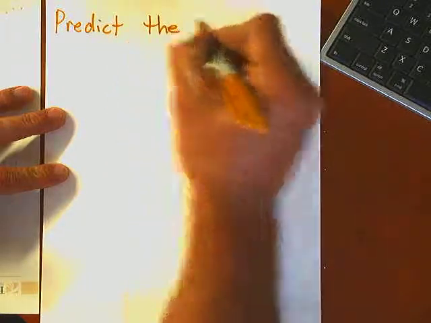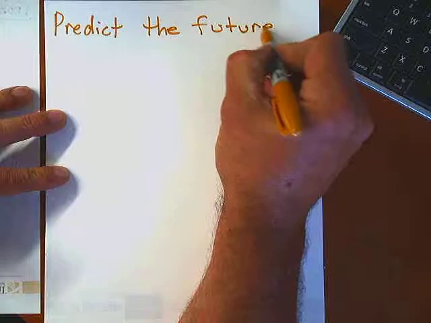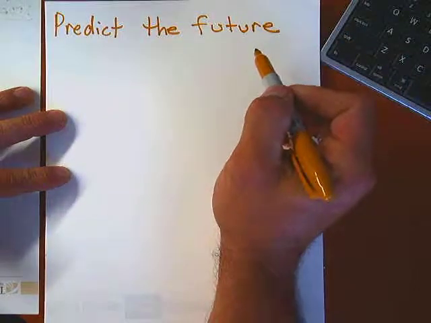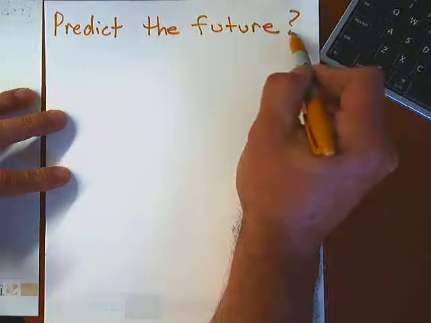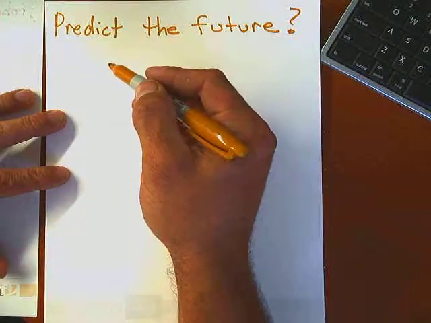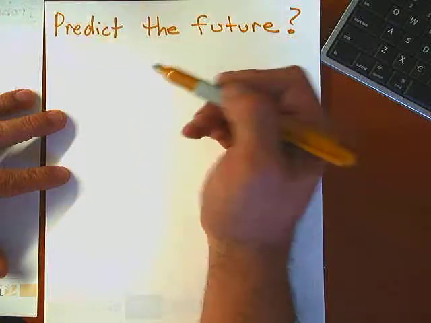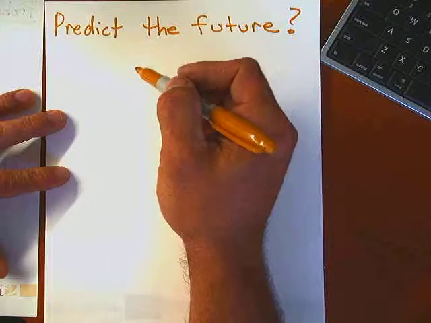No, we cannot. We cannot predict the future like what's going to happen to you 10 years from now. If you're going to have a boy or a girl, if you have a baby, we can't predict the future like fortune telling. But what we can do, let me give you an example.